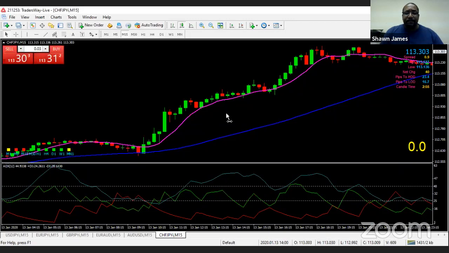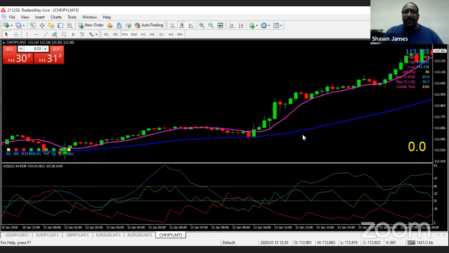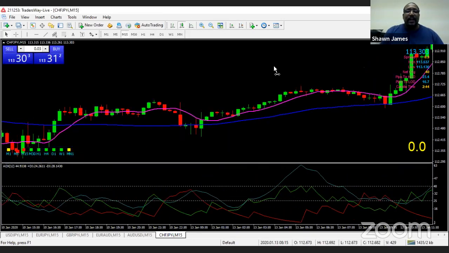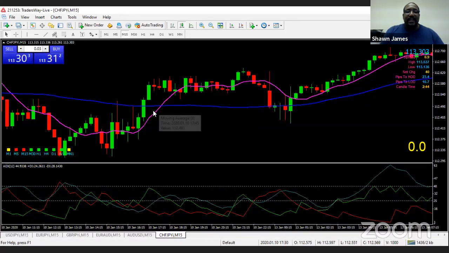So basically, your 50 moving average here is kind of like an equator. It separates the upper part, or I'll say the northern part, from the southern part. The northern from the southern. And what you're looking for is when this 8 moving average moves above the 50 moving average, you're looking for buys or the green candles.